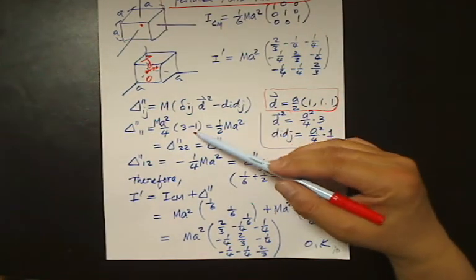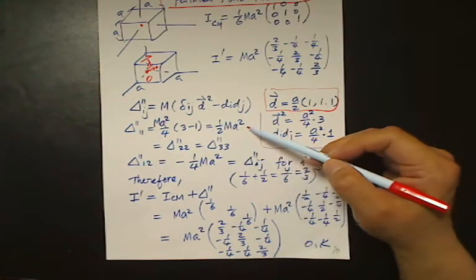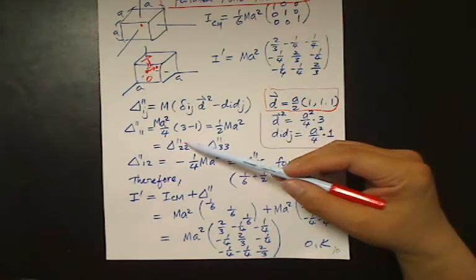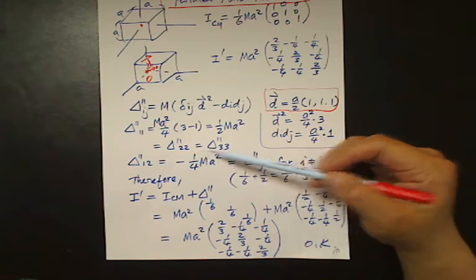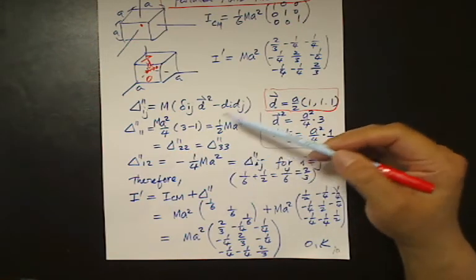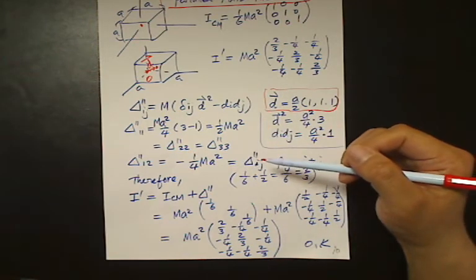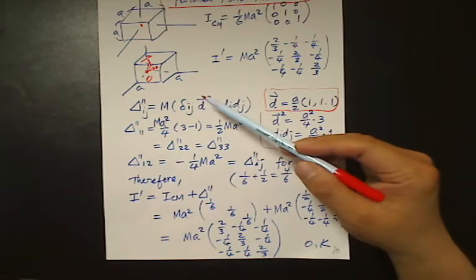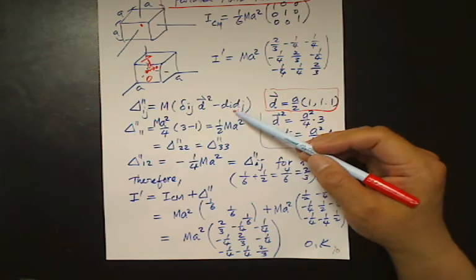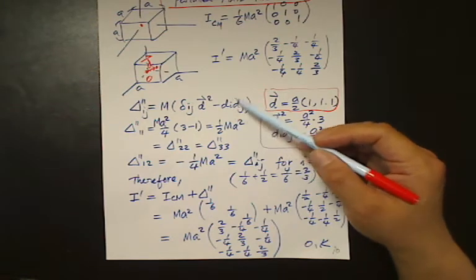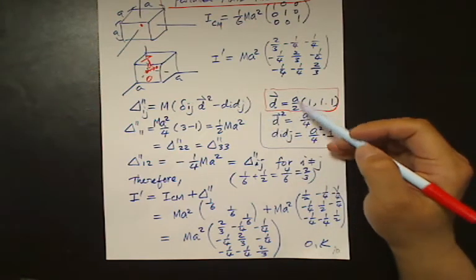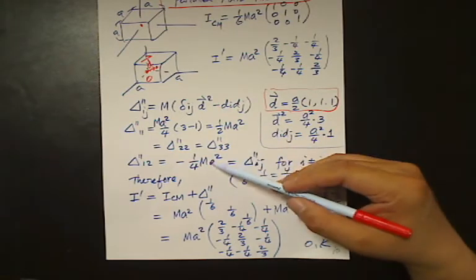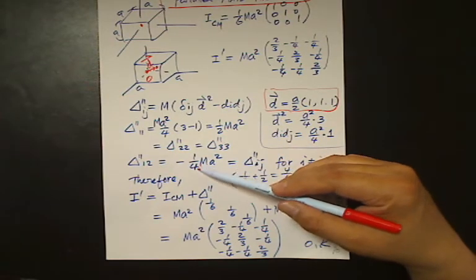The final result is that we have 1/2 ma squared for that 11 element. Because of the symmetry, the 22 element and the 33 element are all the same, 1/2 ma squared. What about the 12 element? This one vanishes and this one survives. That is just the square of this with a negative sign on it. Therefore, we have minus m times 1/4 a squared.